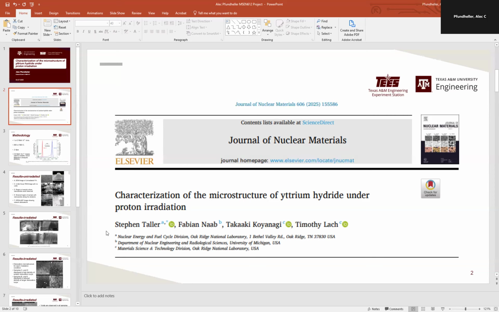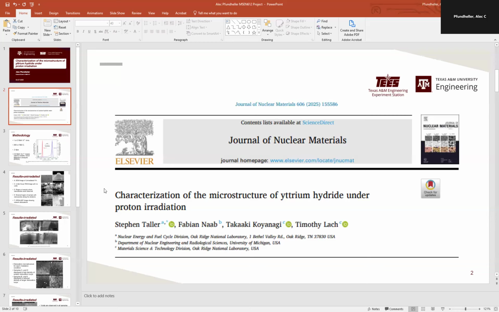The current moderator being designed for microreactors and normal reactors is zirconium hydride. However, yttrium hydride is an attractive alternative because of its higher atomic density of hydrogen and better temperature stability under reactor temperature operations.